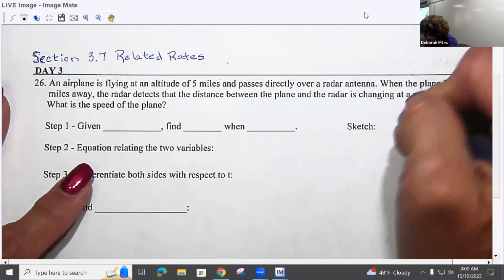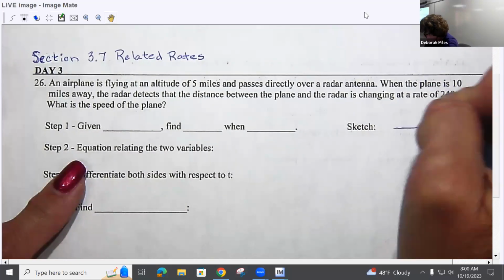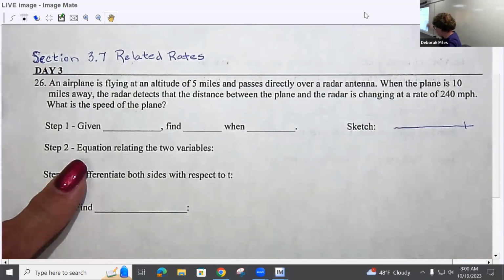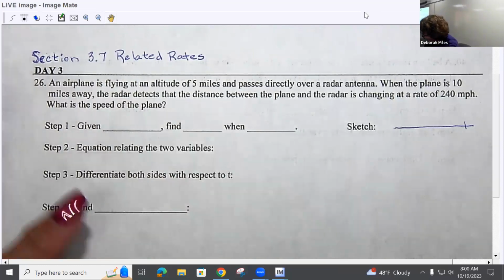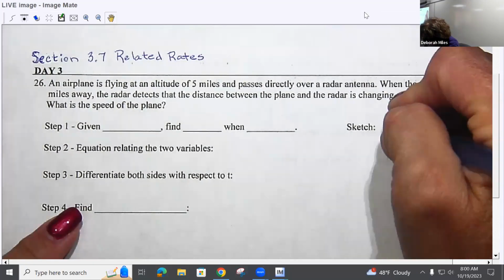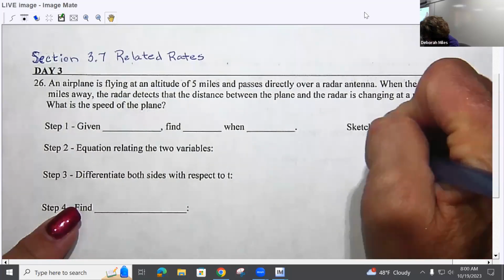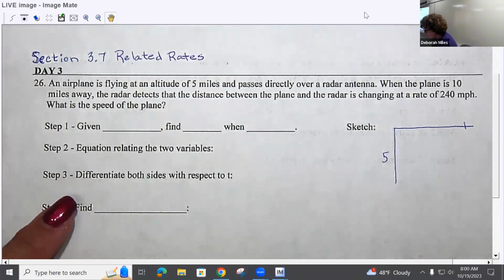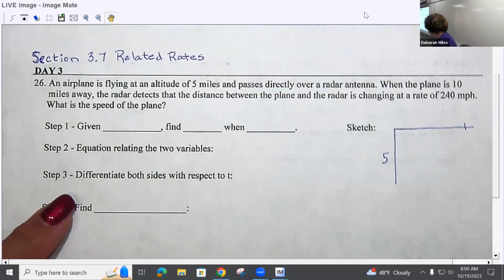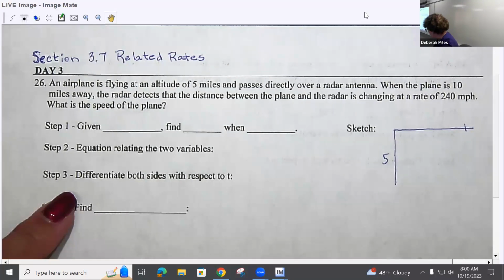Here's my very best airplane going that way. Going that way, which I should know what direction that is, but I'm just going to say to your right. This is the altitude of that airplane. And a few minutes ago, it passed directly over a radar antenna.